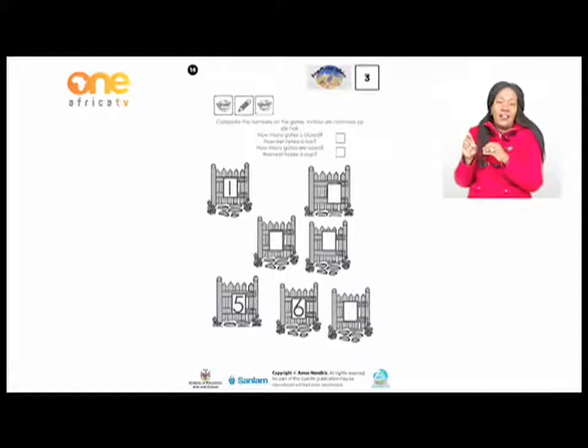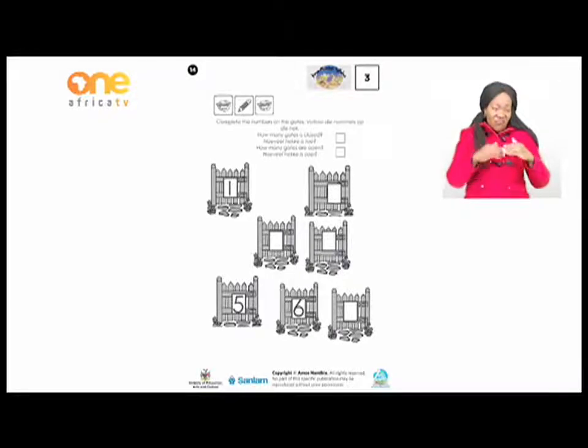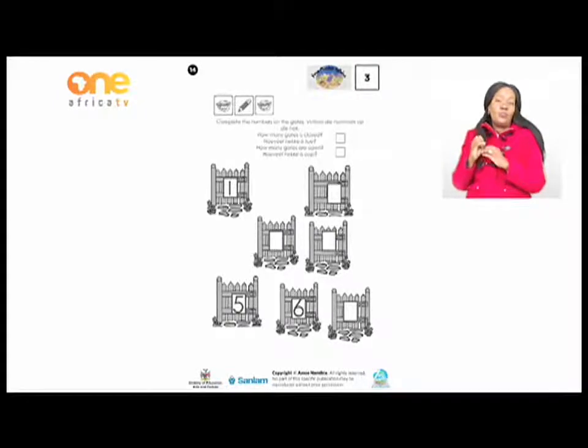On the right-hand side in the second row. Let's look at the bottom numbers on page 14. Gate number 5 has been numbered and gate number 6 has been numbered. Now let's look. What is the next number that comes after 6?